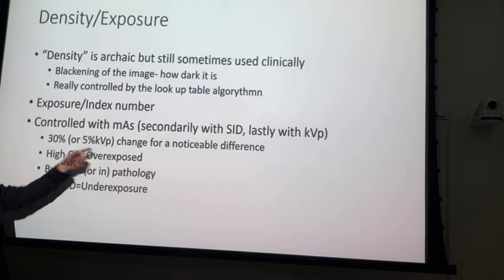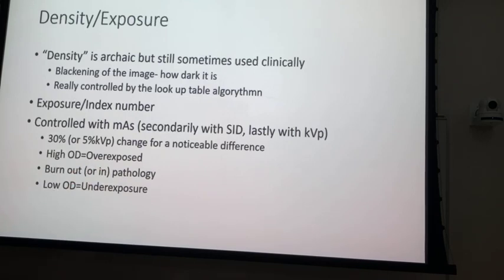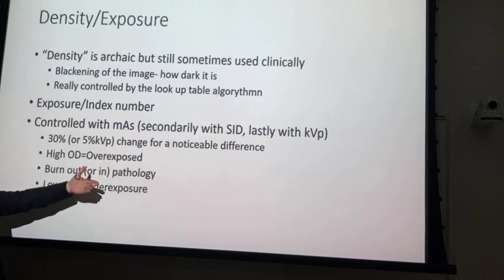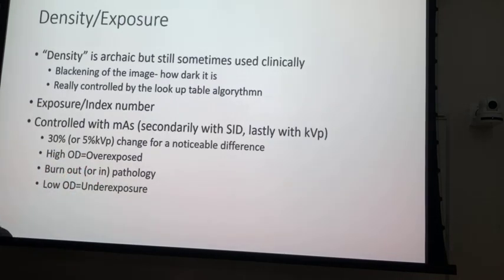I'll put this in here just because we overcomplicate things. It's complicated enough and we have a tendency to overcomplicate it. So 30% change in mass gives us a noticeable difference. Of a whole, how much roughly is 30%? A third, roughly a third, right?